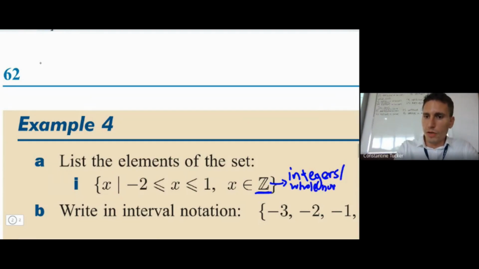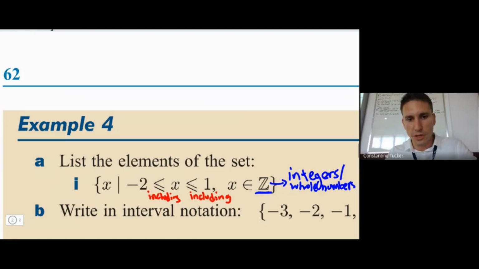So it says all of the whole numbers between -2, and notice we've got a little line underneath. So the little line underneath means that we are including the -2, and the less than or equal to 1 means that we will be including the 1. So what are the whole numbers between -2 and 1, including -2, including 1?